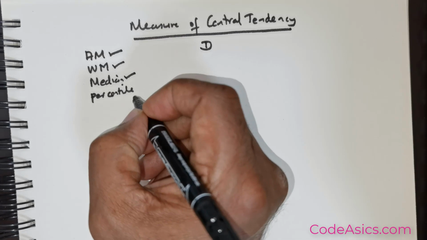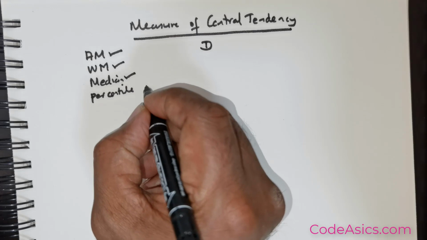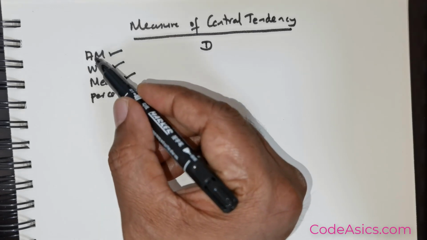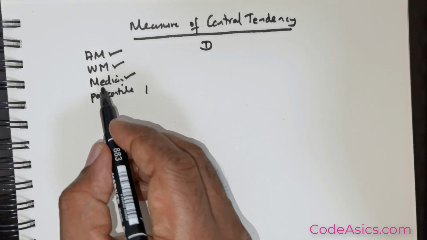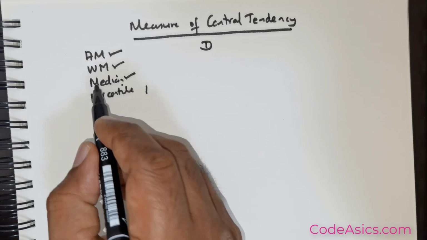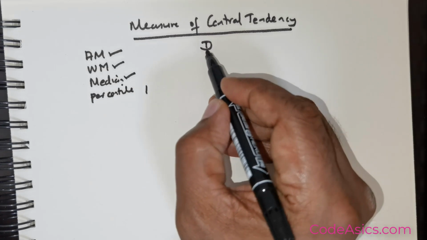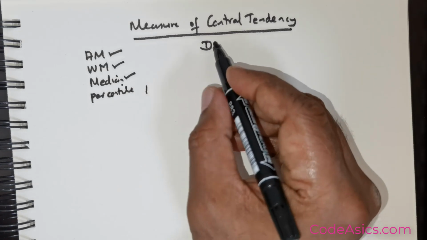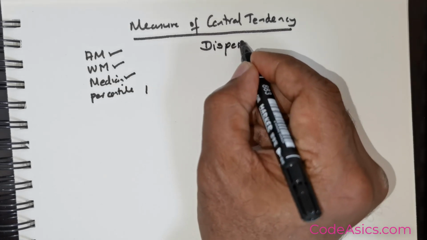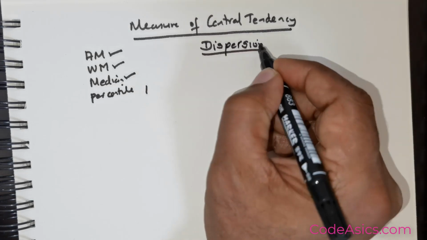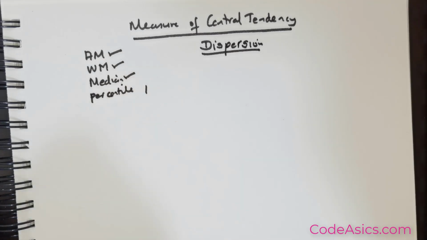So in this class what I'm going to focus is I'm going to actually give illustrations of the arithmetic mean, the weighted mean, and then I will also teach how to exactly obtain the different types of median, and then we will move on to percentile. Now I have started with D. What I really meant is I would also continue on teaching you what is called as dispersion. So that is done after I have completed the left side, which is the measure of central tendency.